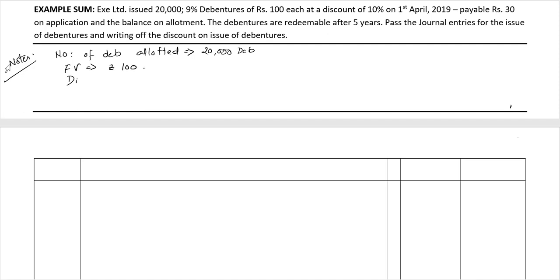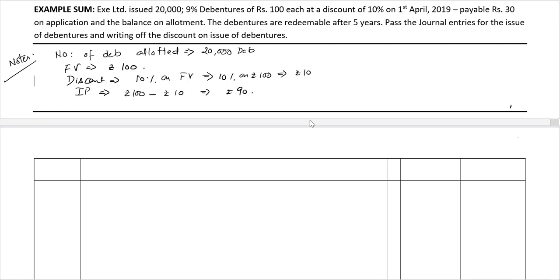The discount is 10% on the face value, which is 10% on rupees 100 comes up to rupees 10, and therefore the issue price is the face value of rupees 100 minus the discount of rupees 10 equals rupees 90.